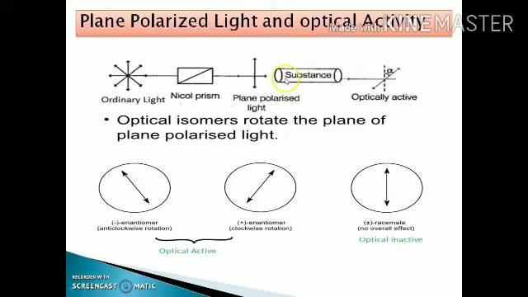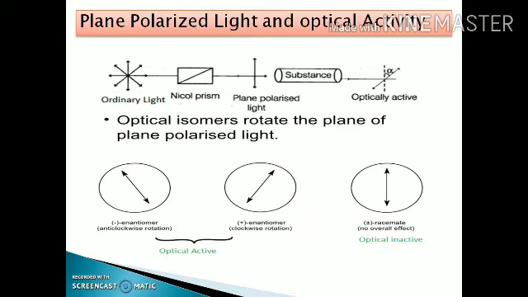If the substance rotates the plane polarized light to the right hand side or clockwise direction, it is called dextrorotatory. If the solution rotates the plane polarized light to the left hand side or anti-clockwise direction, it is known as levorotatory. These dextrorotatory and levorotatory isomers are known as the optical isomers of the organic substance, which rotate the plane polarized light to an equal extent but in opposite directions.